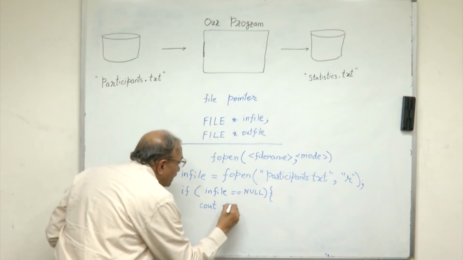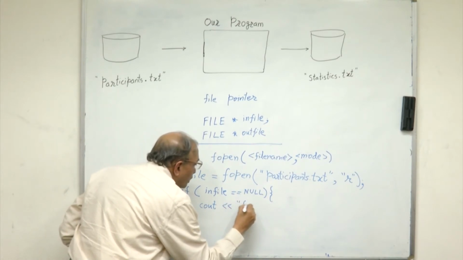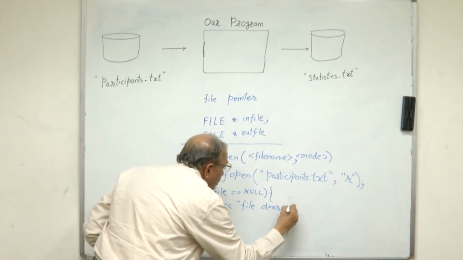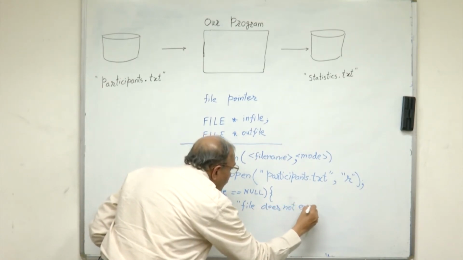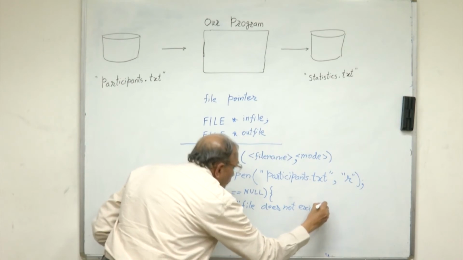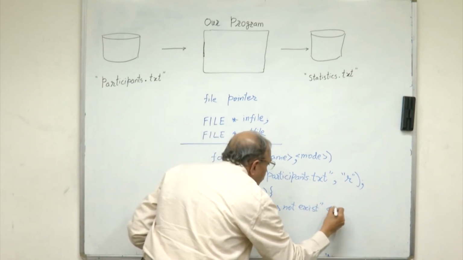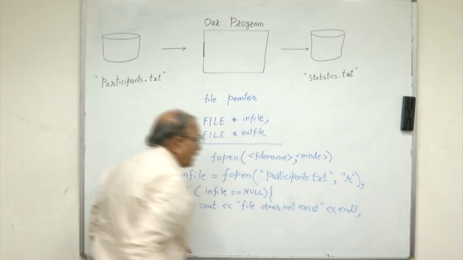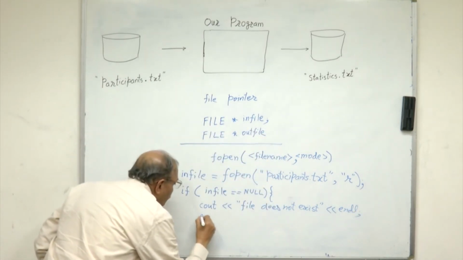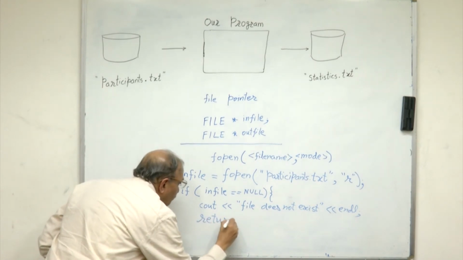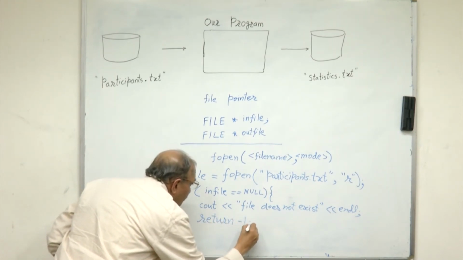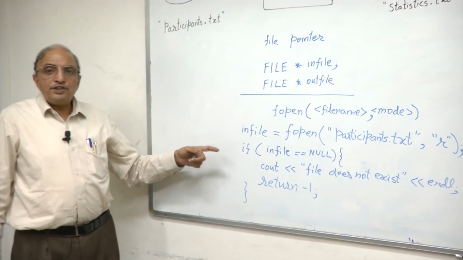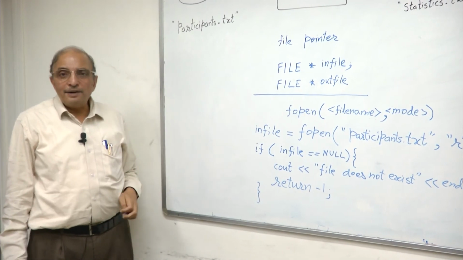For example, I can say file does not exist, and give this message on my terminal, and then return -1. This is the typical way in which the opening of a file is handled.